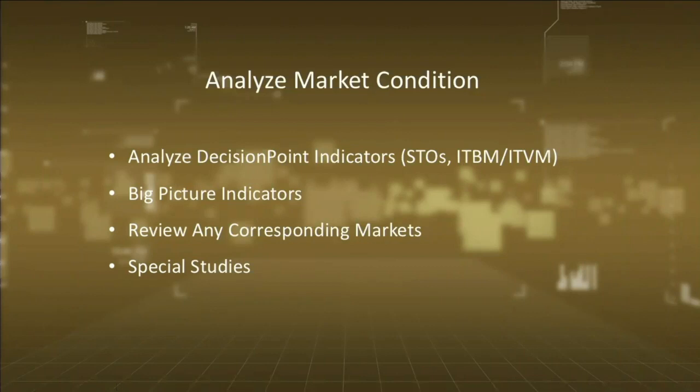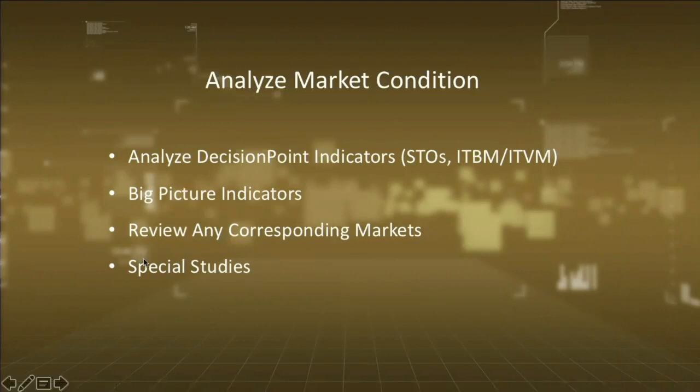So once you've got your big picture indicators, if we look at gold, bonds, or the dollar, you'll see when we go into those chart lists that it also has corresponding markets and things you might want to look at as far as the trend and condition of gold, or silver. And we'll look at that shortly.